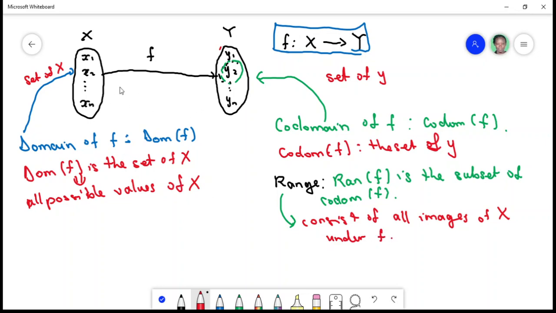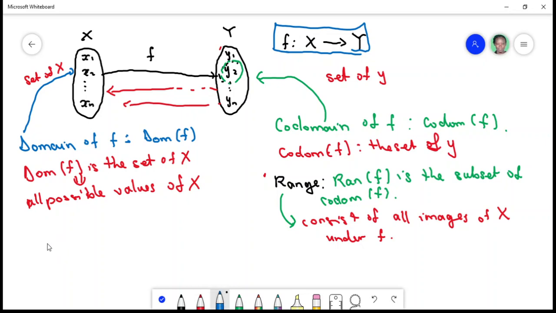So for every y, there is an image in this set x, and this image of x is what we are calling the range of the function.